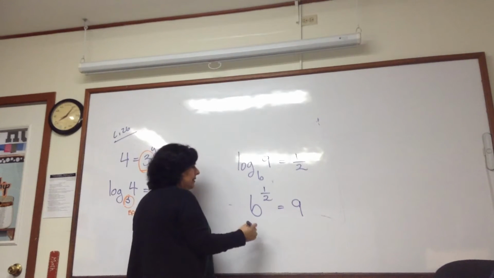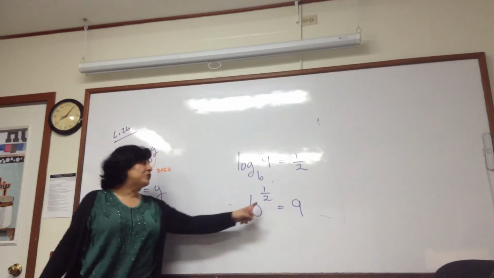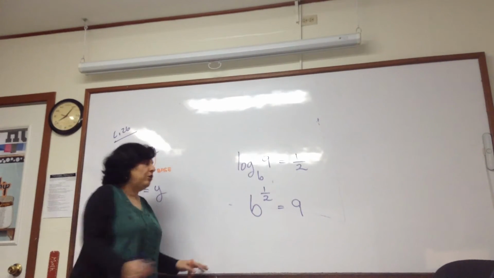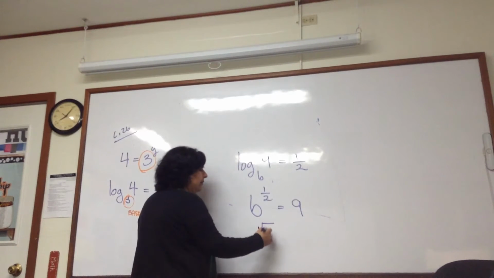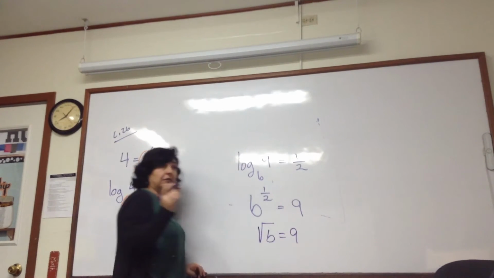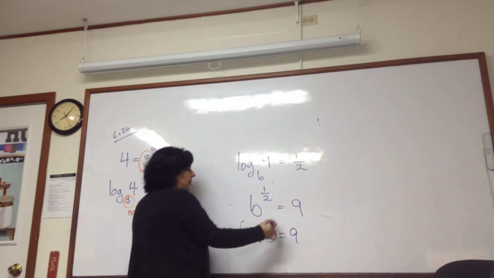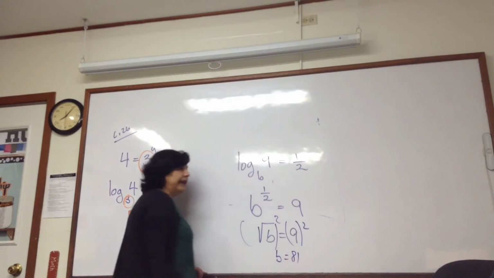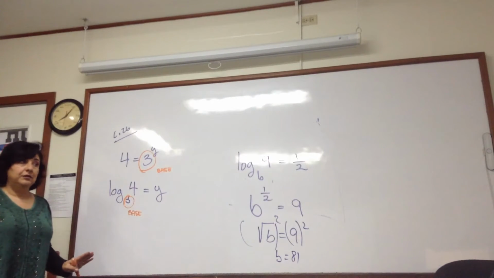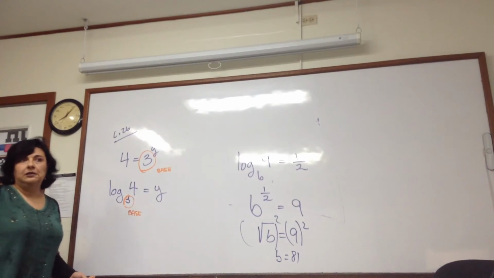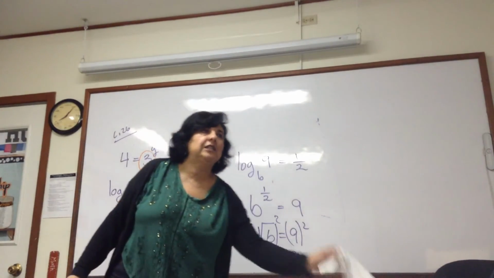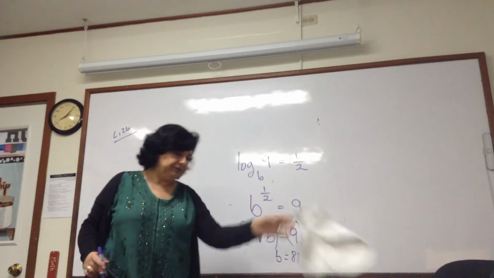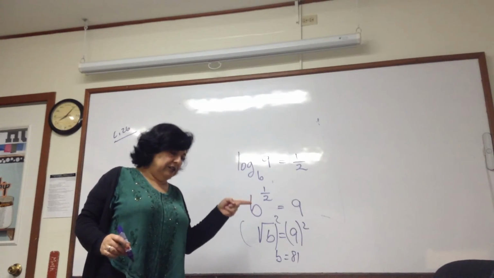Remember that the problem is when the exponent is the thing that I don't know. But if the base is something I don't know, b to the 1/2 is the same thing as square root of b. How do you get rid of this? Well, you square both sides. So b equals 81, right? 9 times 9, yeah. Is that clear? That's an easy one, right?